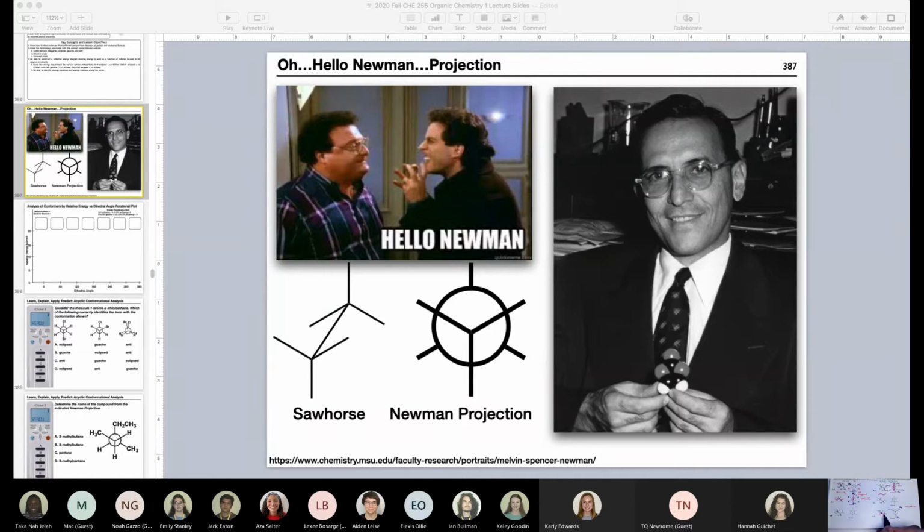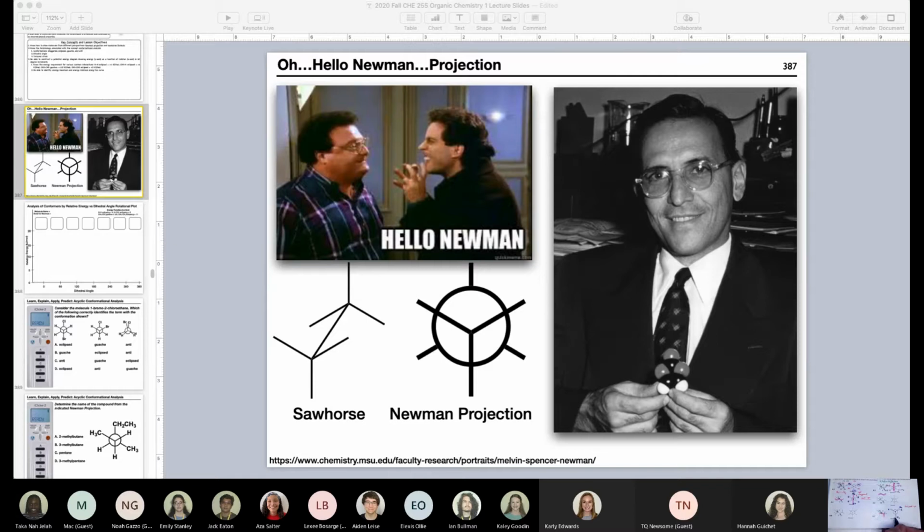So now we're looking at the back carbon. So what should we put here on the back? Keep in mind, see this wedge is out, that H is out. So what should go here? I think people have responded H. Now look, this group was down.